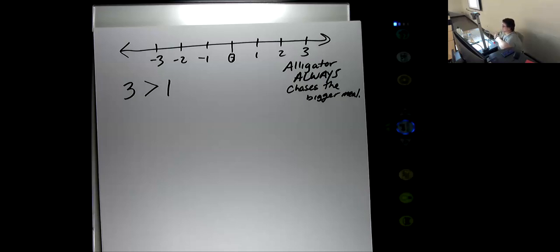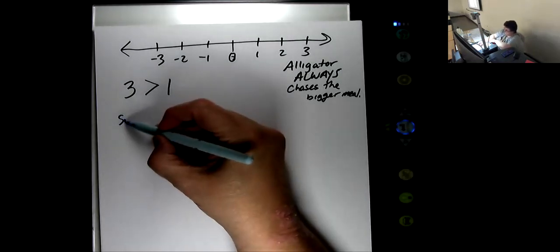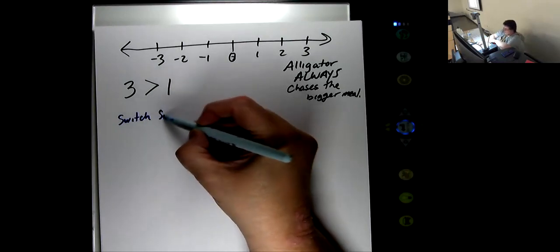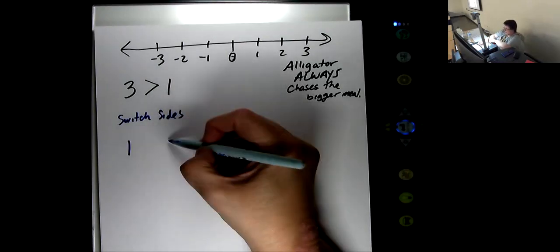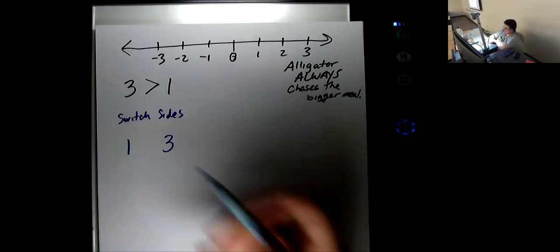So I'm going to do two things that illustrate the two rules. What happens if I switch the sides? What if I put the 1 on the left and the 3 on the right? Now which way does the alligator face? It's still towards the 3, right?